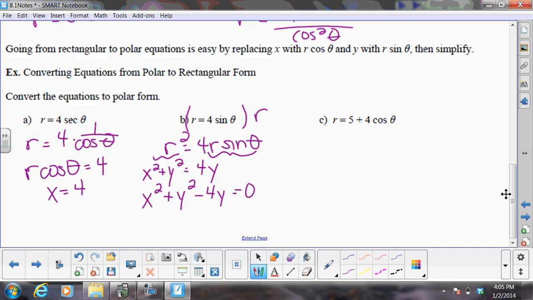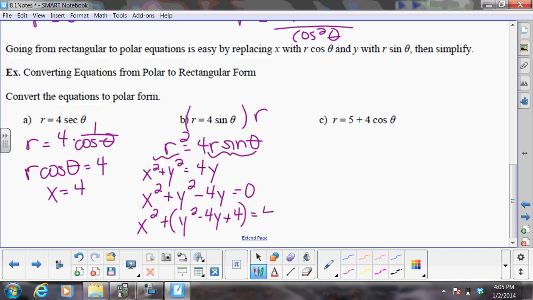Starts to look like an equation of a circle. So we're going to do that thing to make it circles. Whatever that thing's called. You know, negative b divided by 2 squared thingy. So y squared minus 4y. Add 4 there.